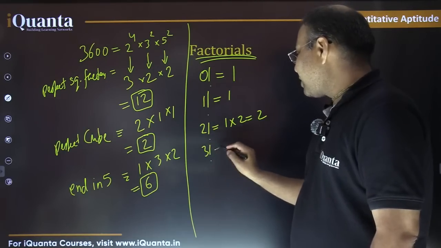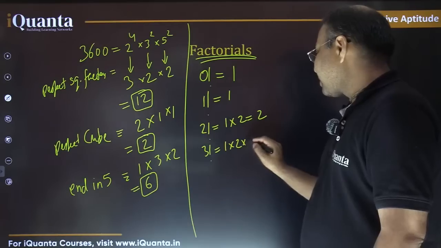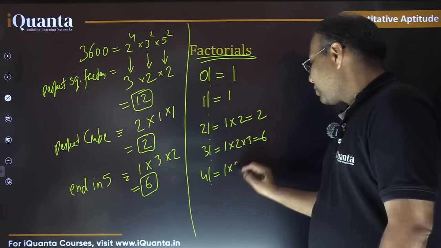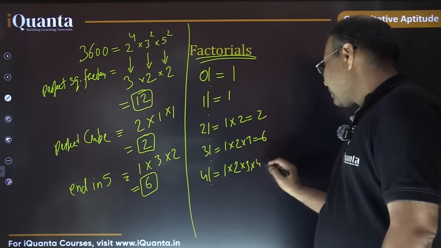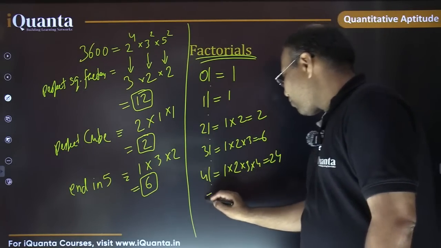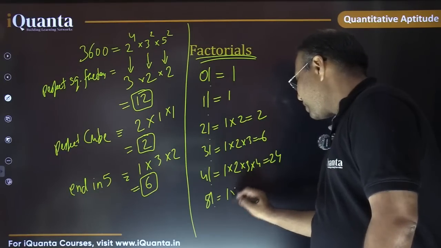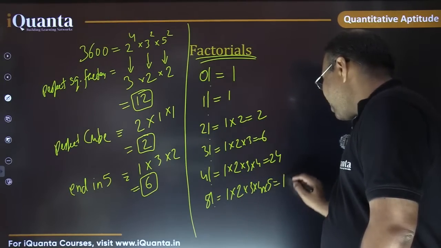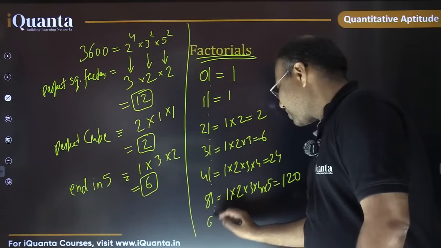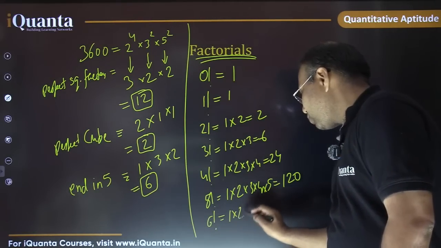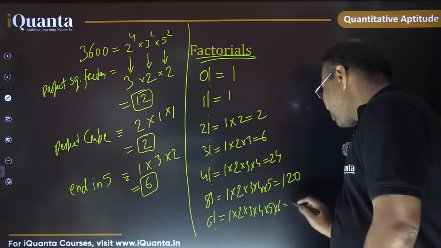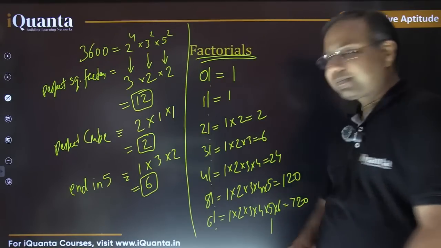And 3 factorial is 1 into 2 into 3, that is 6. 4 factorial is how much? 1 into 2 into 3 into 4, that is 24. Same way 5 factorial is 1 into 2 into 3 into 4 into 5, that is 120. Same way 6 factorial equals 1, 2, 3, 4, 5 up to 6. That comes out to be 720 and so on.